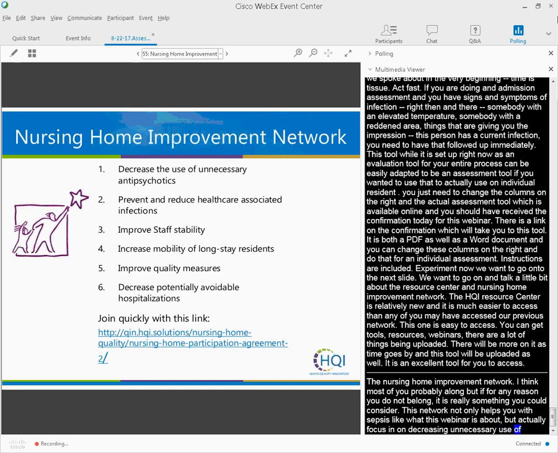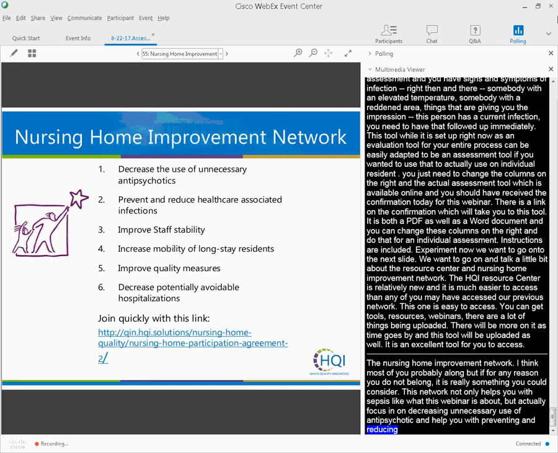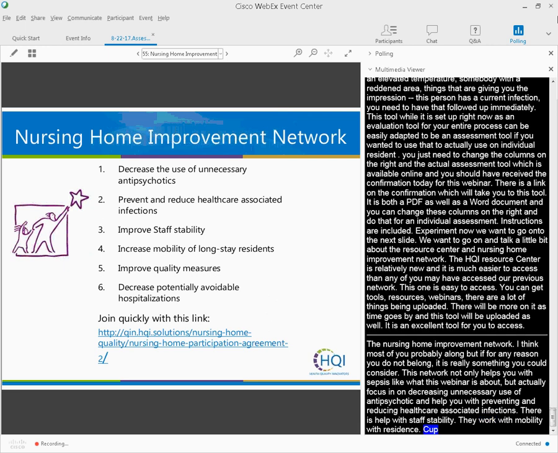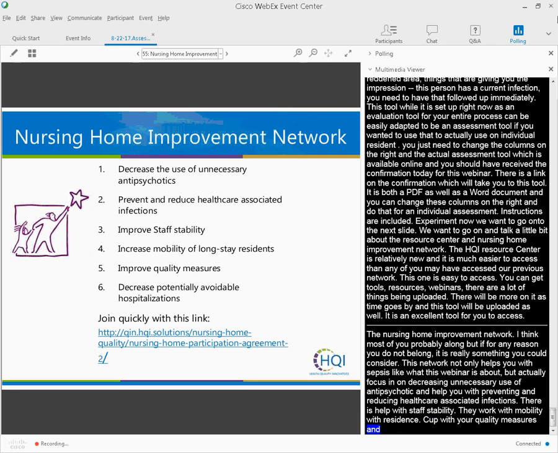There's help with staff stability. They work with mobility on long-stay residents, help with your quality measures, and really can help decrease potentially avoidable hospitalizations. Your links are right here to get more information from them, but it's an excellent resource if you're not part of the Nursing Home Improvement Network. Please consider it.